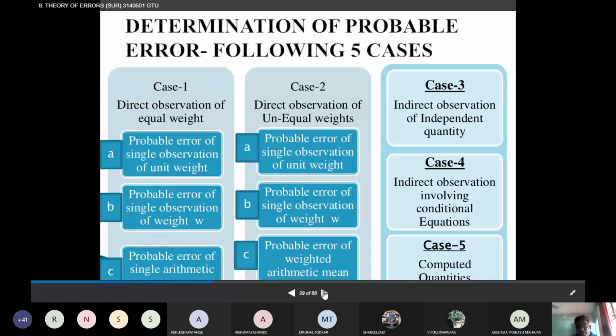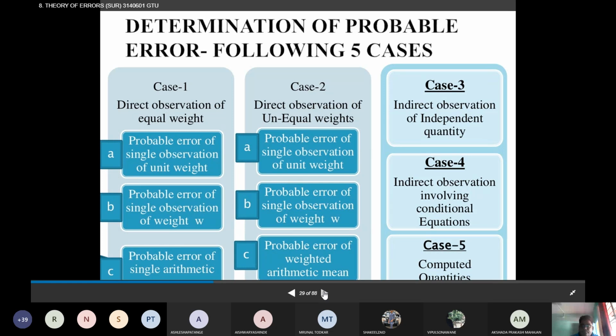Please remember, in the first case, direct observation with equal weight; in the second case, direct observation with unequal weight. Case 3 is indirect observation of independent quantity. Case 4 is indirect observations involving conditional equations. And case 5 is related to computed quantities, that is the part of the computations.